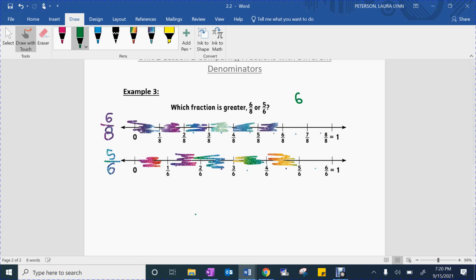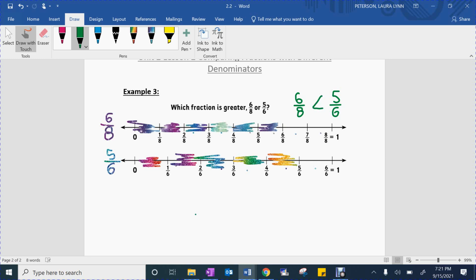So rewrite 6/8, leave a space, and then write 5/6. Based off of our shading, 5/6 got colored in more, meaning our alligator will be eating 5/6.